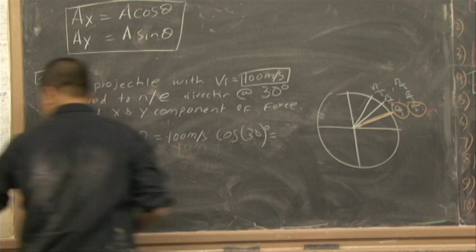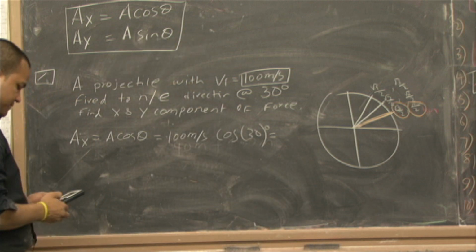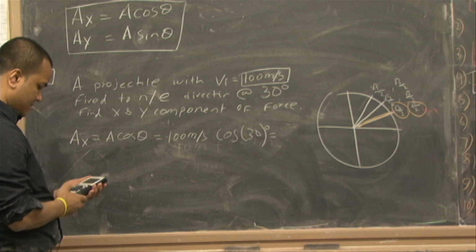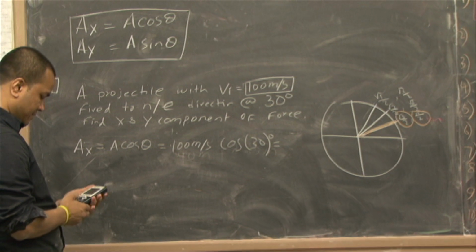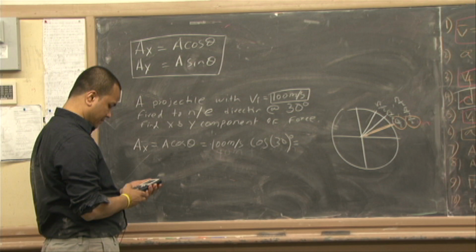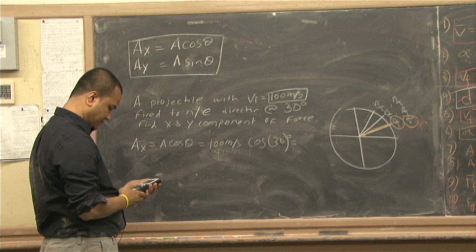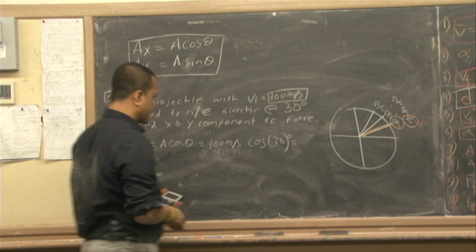Which is then, let's see what we get. 100 times the square root of 3 over 2, which is about 86.